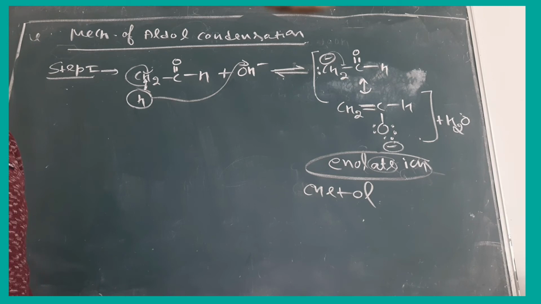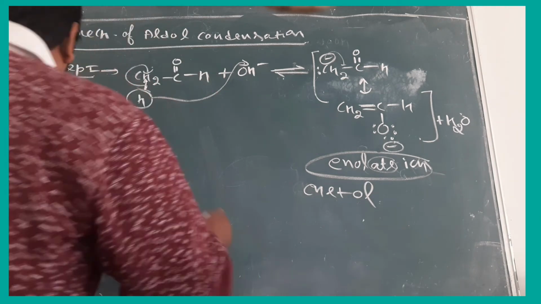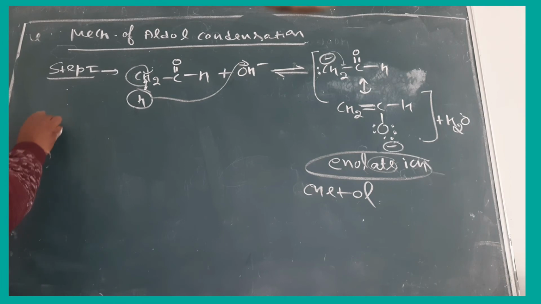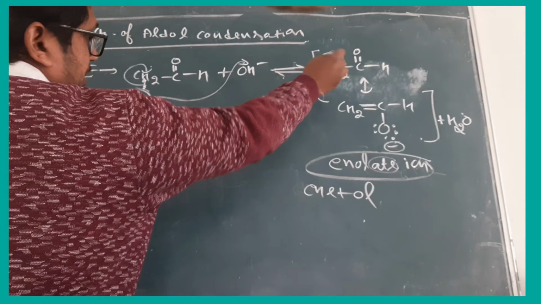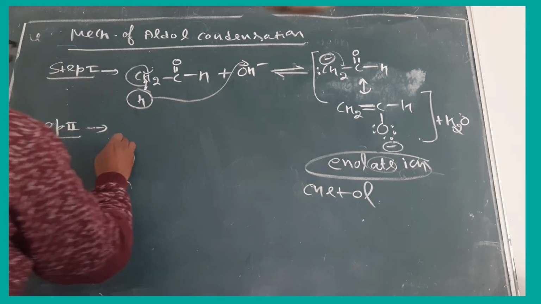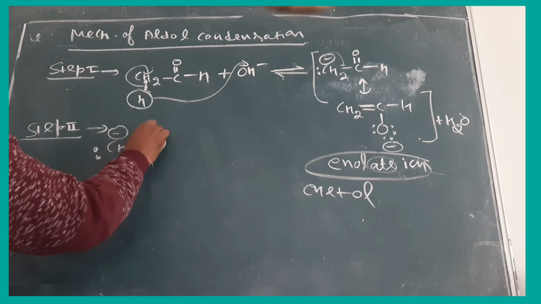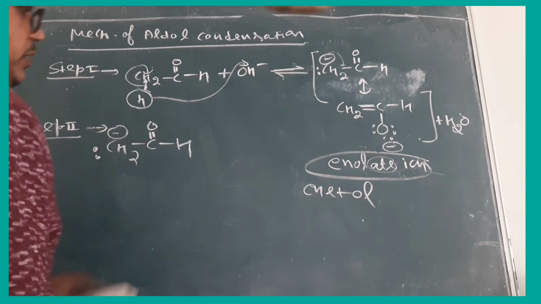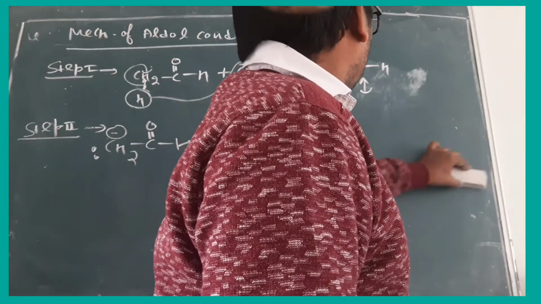Step number 2. Now you see all of you, in step number 2, you please take this first resonating structure, CH2 negative, then COH. Then I am rubbing this first step.